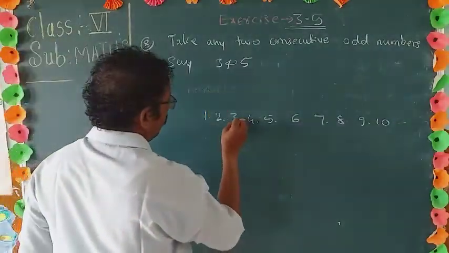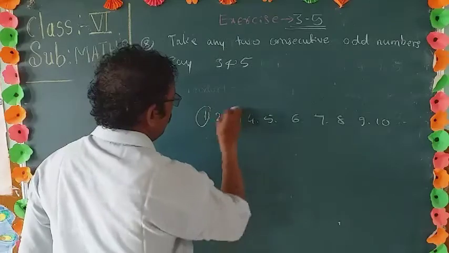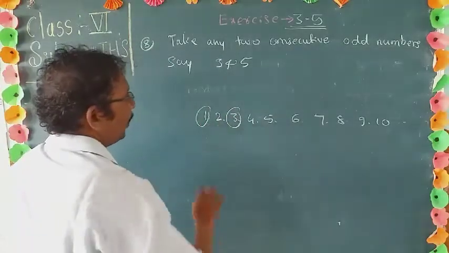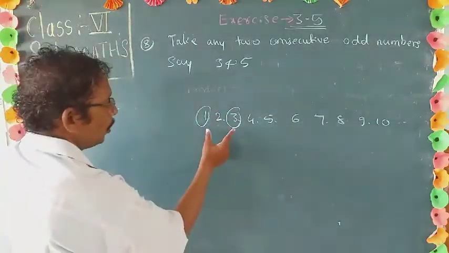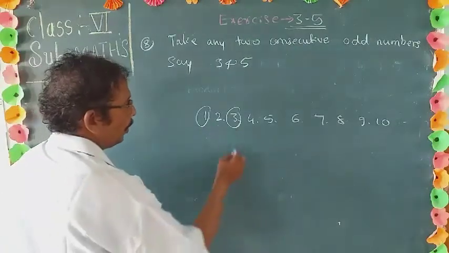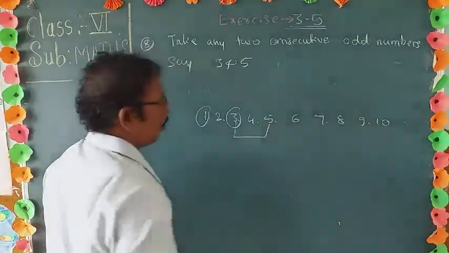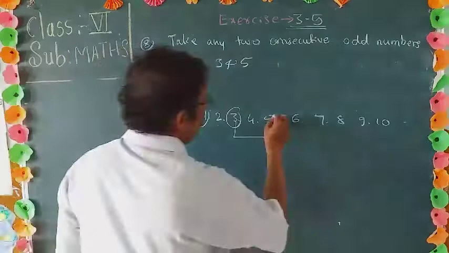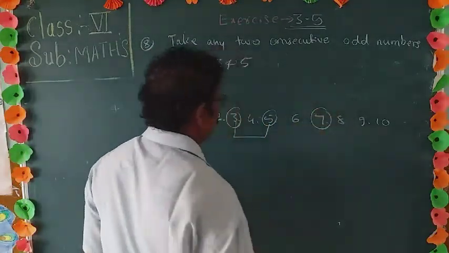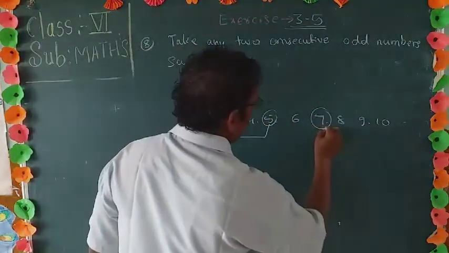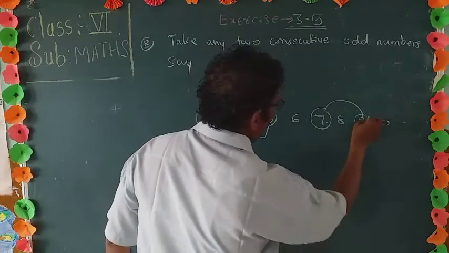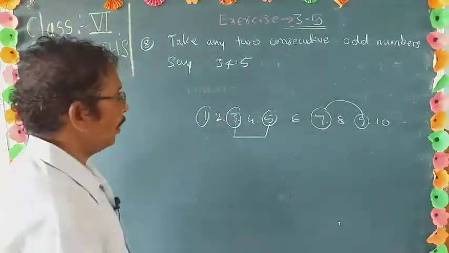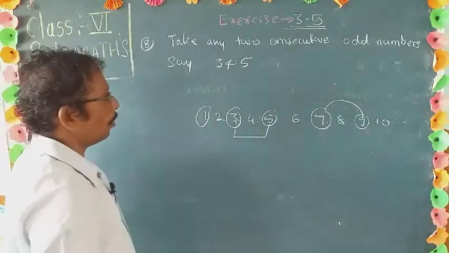Take 1 and 3. 1 and 3 are consecutive odd numbers. Similarly, 3 and 5 are consecutive odd numbers. 5 and 7 are consecutive odd numbers. 7 and 9 are consecutive odd numbers.